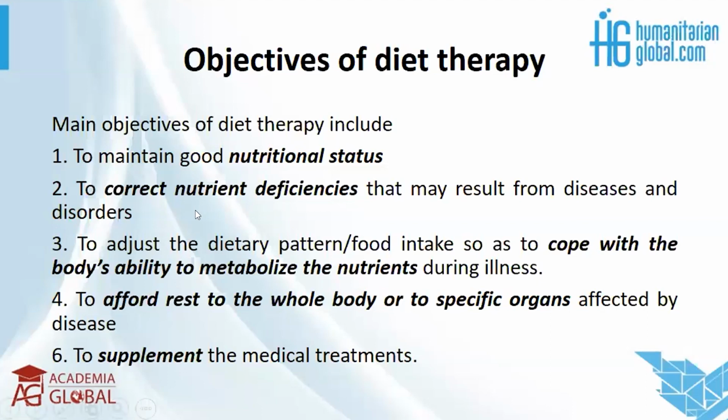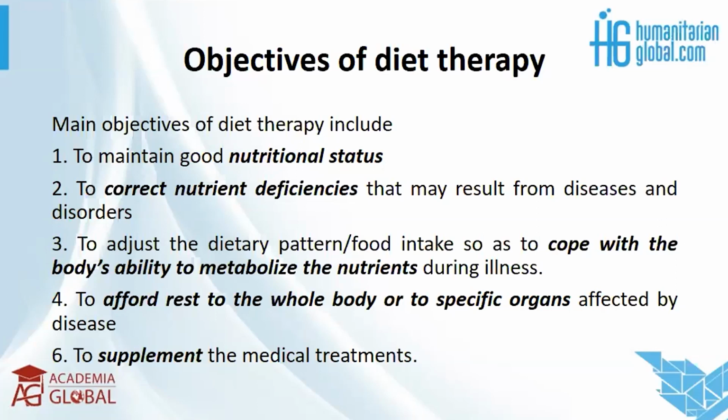The second one is to correct nutrition deficiencies. Now, that may result from disease and disorders, or even from inadequate intake of the various foods that we eat in our communities. So, in case there is a deficient nutrient in our diet, it will result in a deficiency disorder.